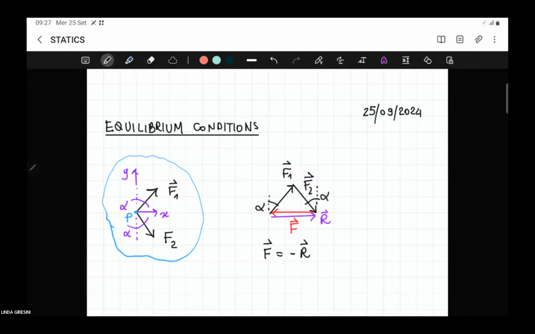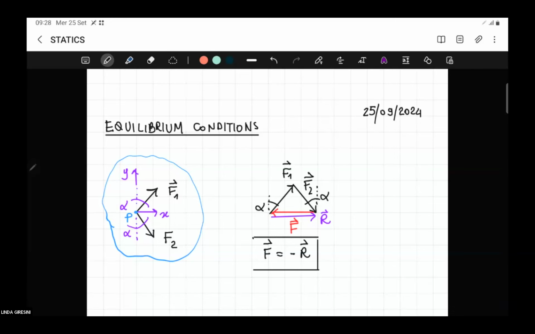What is the type of these forces? We saw yesterday three types of forces. What type of forces are these ones? Exactly, concentrated forces. Yesterday we saw concentrated forces, volume forces, and area or surface forces. These two are concentrated forces. So this is the equilibrium condition, basically.